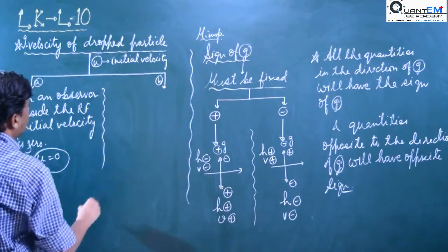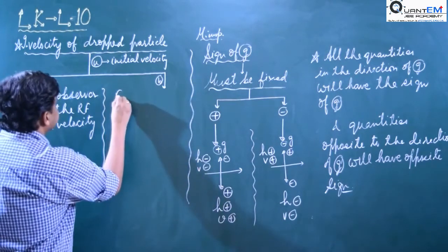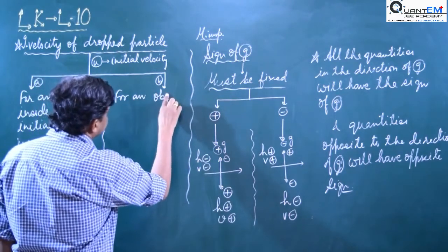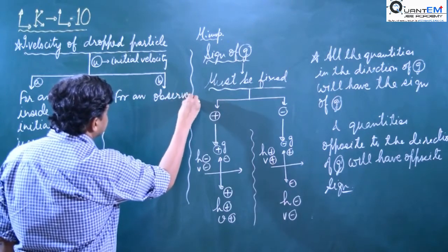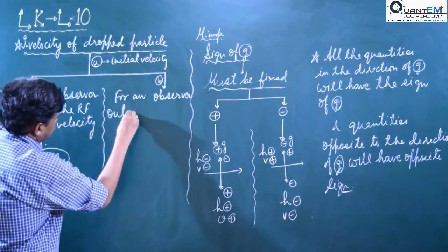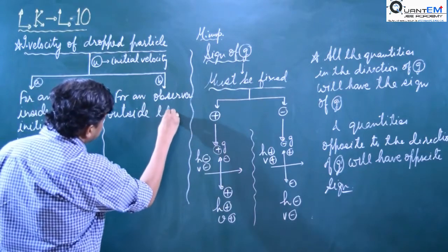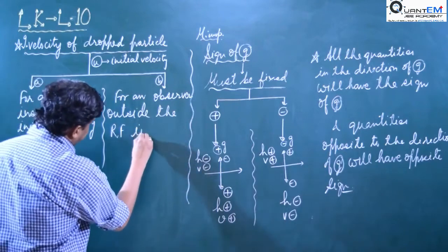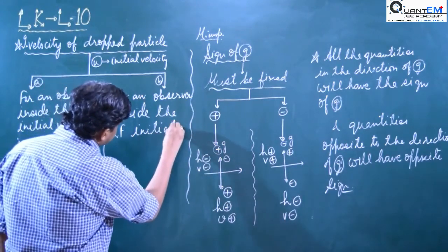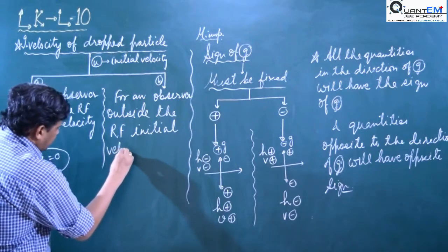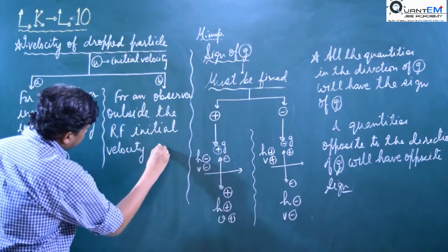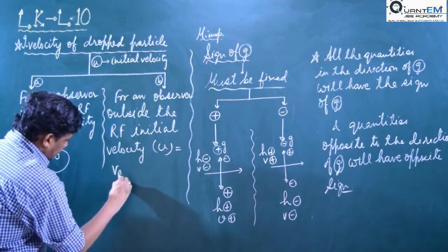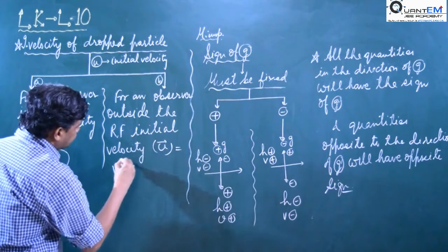But for an observer outside the reference frame, the initial velocity u is equal to the velocity of the reference frame.